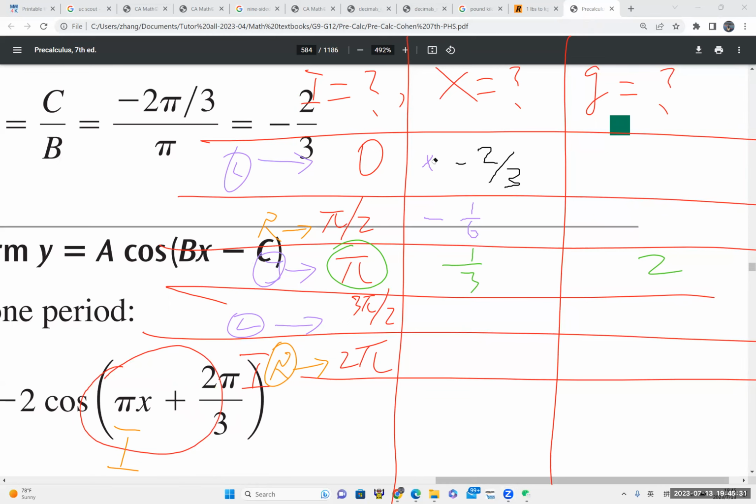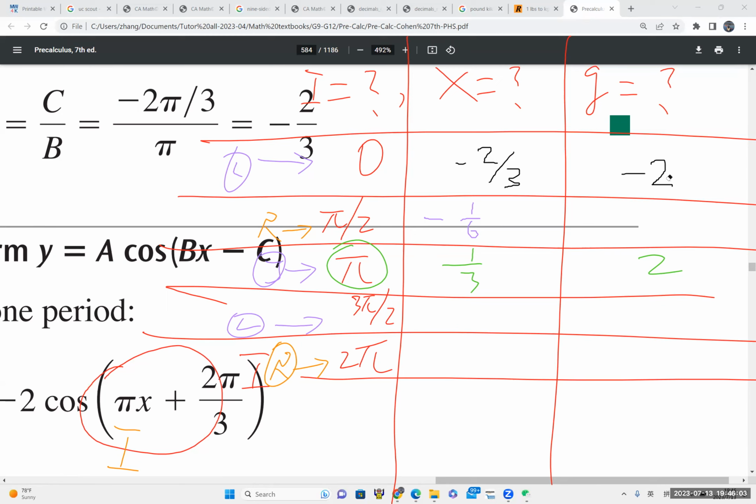Maybe you don't need to write x because at the top we mention this column means x. Then g equal to what? As this is 0, we know cosine of 0 is 1. 1 times -2, so it's -2, right? For g, g equal to -2.